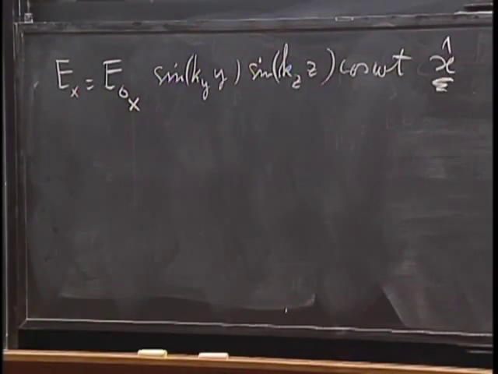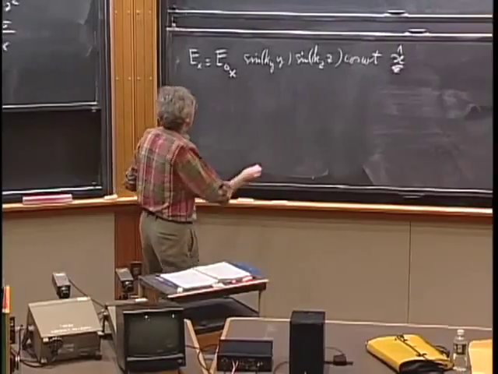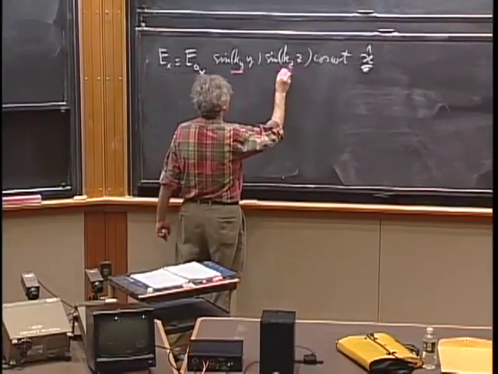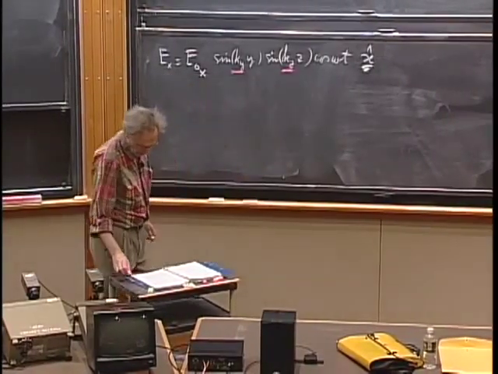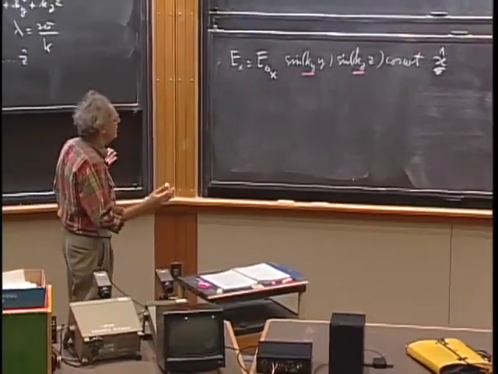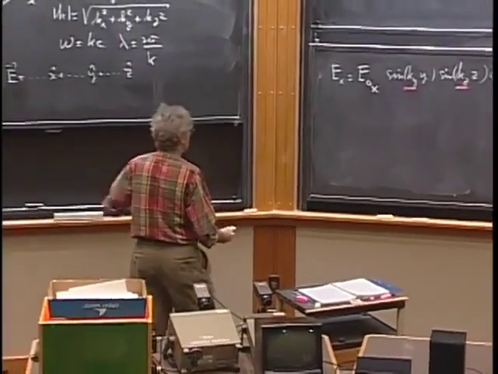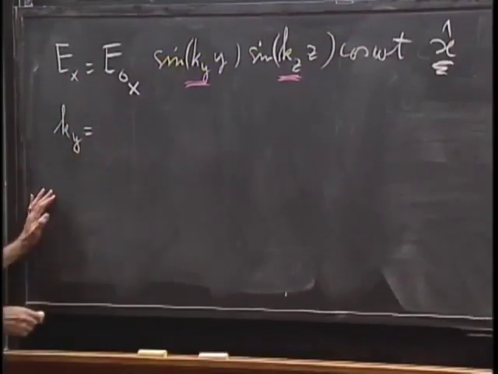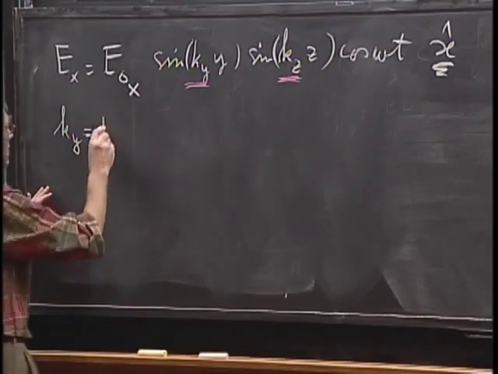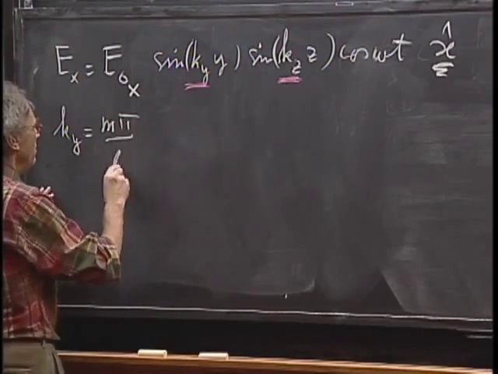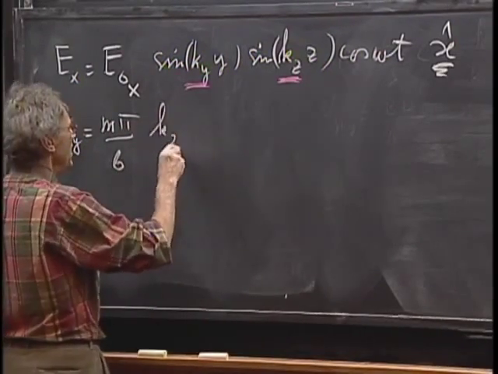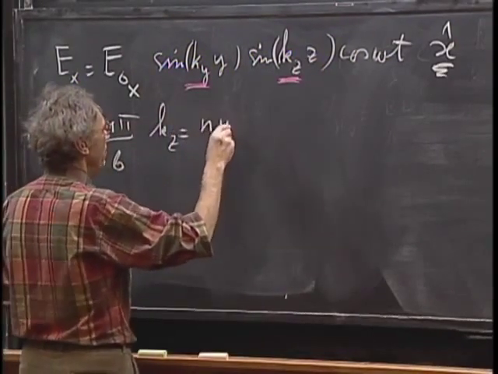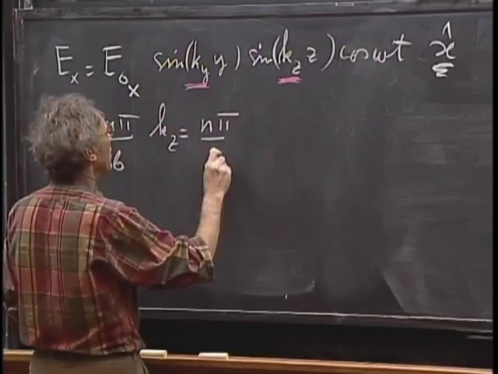So what you have now are 2 standing waves. One standing wave in the y direction and one standing wave in the z direction. And to meet the boundary conditions, which I wrote down here, it is immediately obvious that k of y must now be m pi divided by b, and k of z must be n pi divided by c.